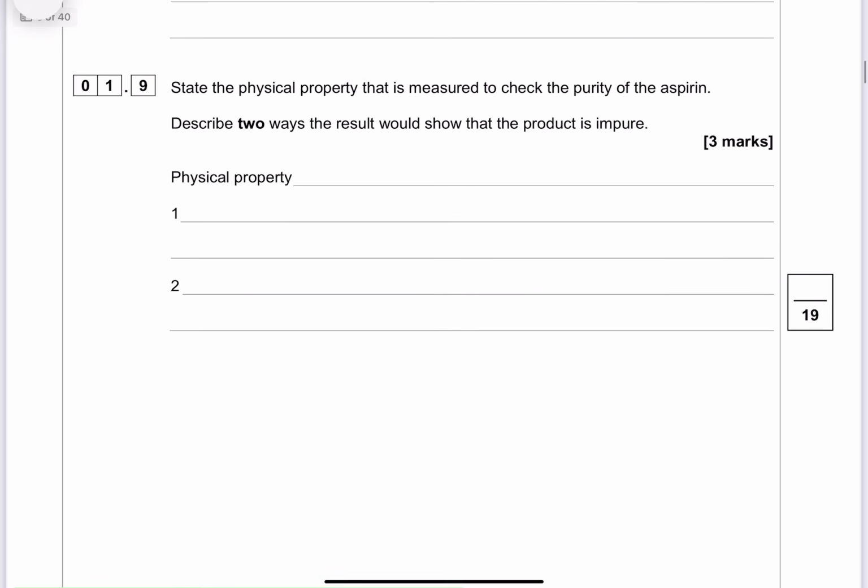State the physical property that is measured to check the purity of the aspirin and describe 2 ways the results would show it's impure. Well, it's a solid, so we would use its melting point to check its purity. And if it's impure, the melting point would be lower than the data book value.